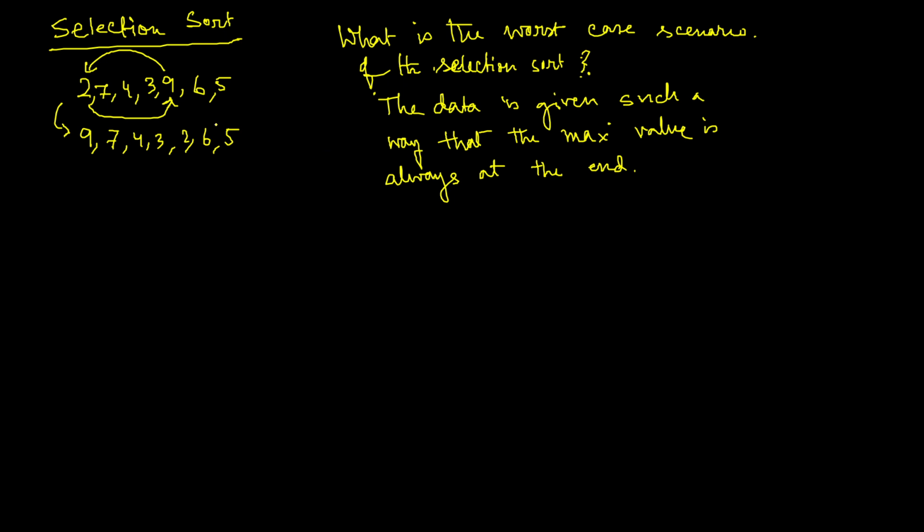What does it mean? If the max value is at the end, then we have to traverse till the last to get the maximum value. If the 9 was present somewhere over here, it would be different.